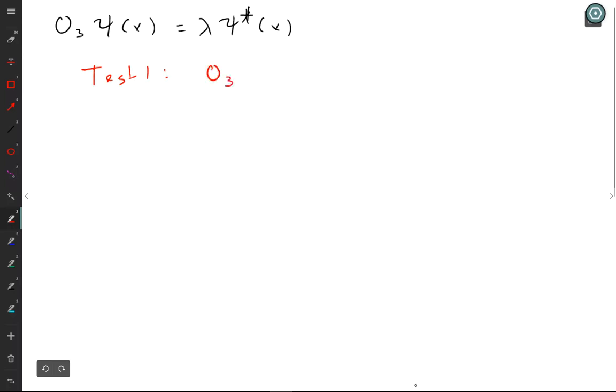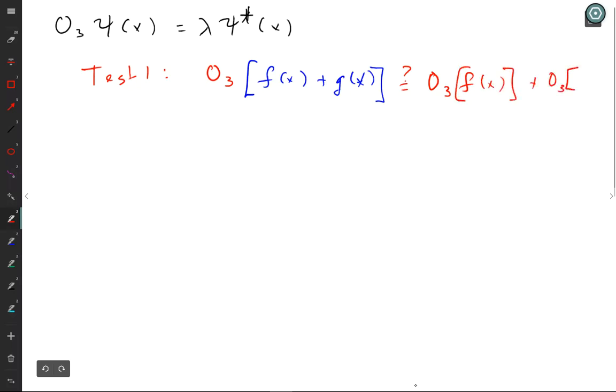I'm going to have O3 acting on, and I'm going to use f and g instead of psi, just like we did. So there's our start. There's our test we're going to check.